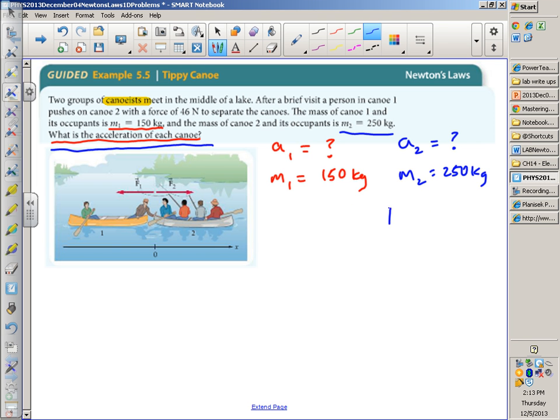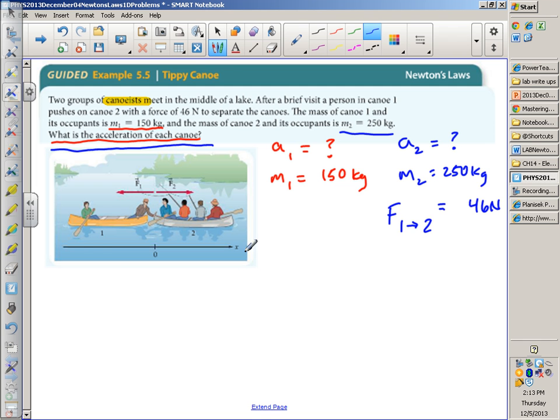So, there's a force of canoe 1 pushing on canoe 2. That isn't necessarily always how the book or other people note that, but it's important in this problem that 1 is pushing on 2, so that's why it goes in this column over here, right? And it tells us that that force is 46 newtons, right?